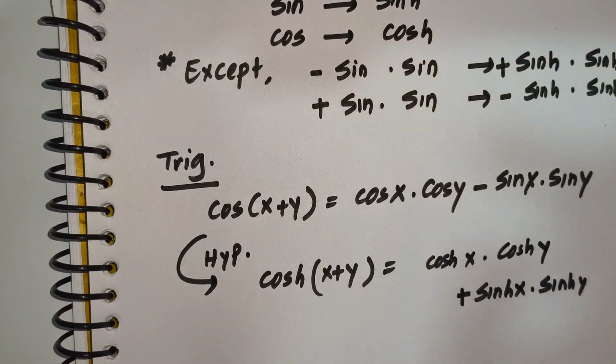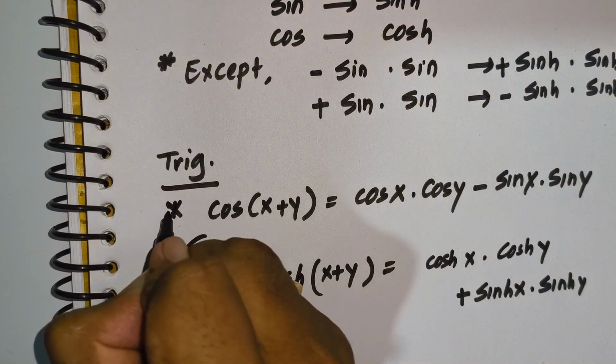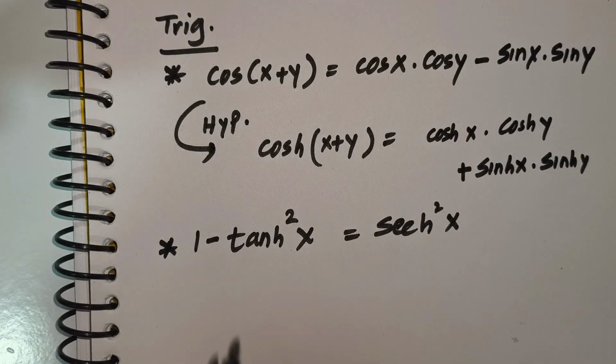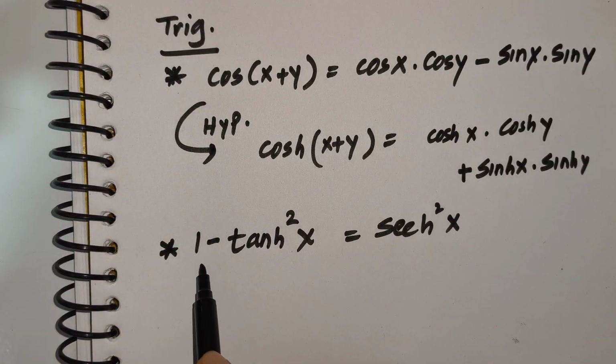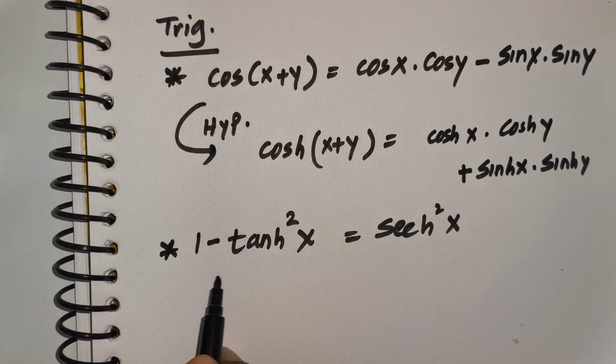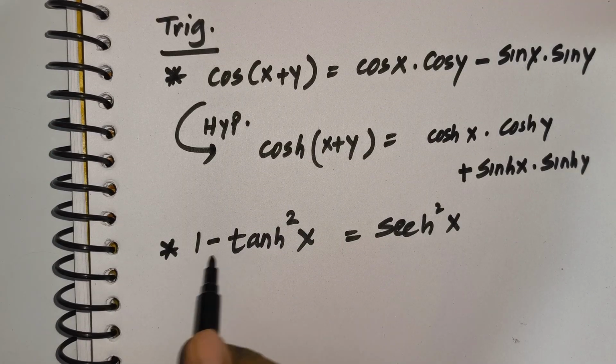So this is our hyperbolic identity. Also, you have seen that 1 minus hyperbolic tangent square is secant hyperbolic square x. So now you may ask why in trigonometry we have 1 plus tan square x is sec square x, but in hyperbolic we have 1 minus hyperbolic tan square x equal to sec hyperbolic square x. Why this negative sign?